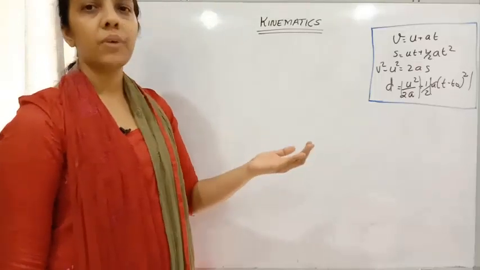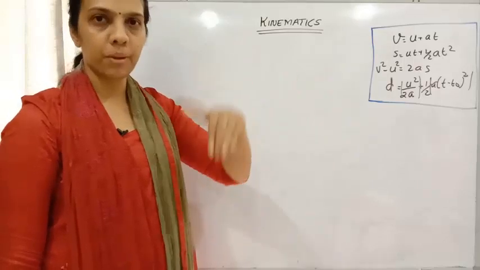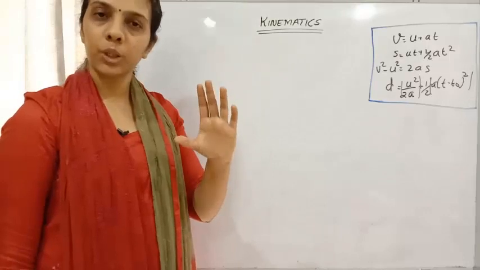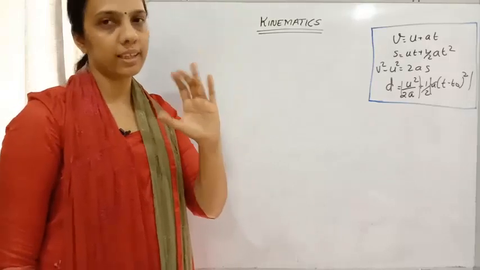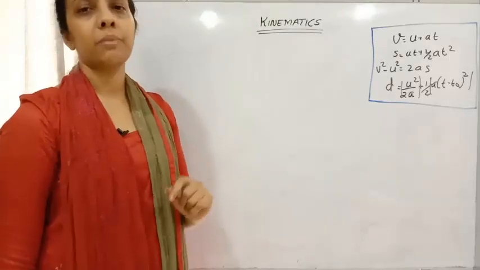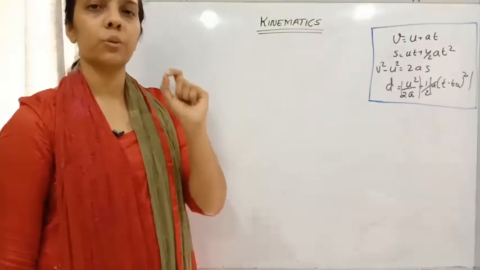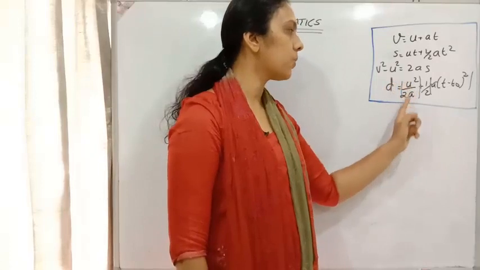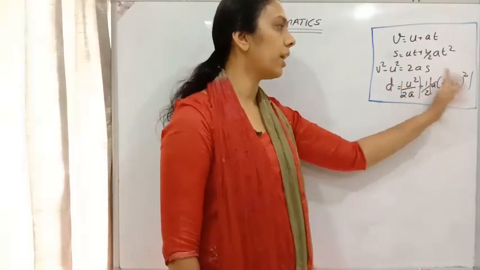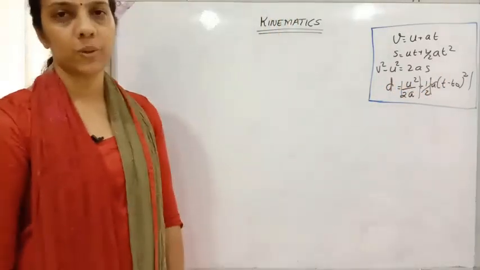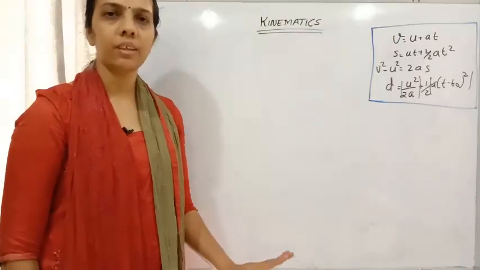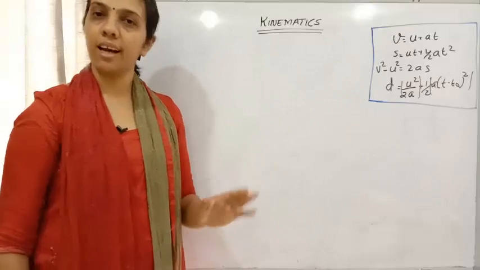After that, when it starts to come back, the time keeps increasing, but the displacement is decreasing. During that time, how can we find the distance? Distance travelled will be equal to u square by 2a plus half into a into (t minus t0) the whole square. This is the formula we need to apply. Clear? That's what we explained in the last class.